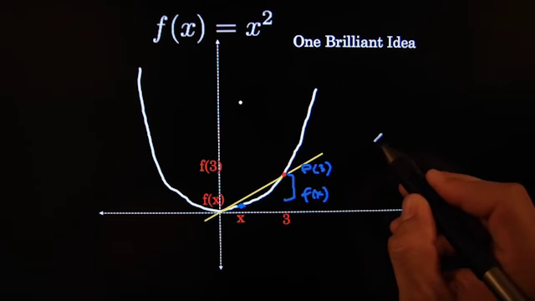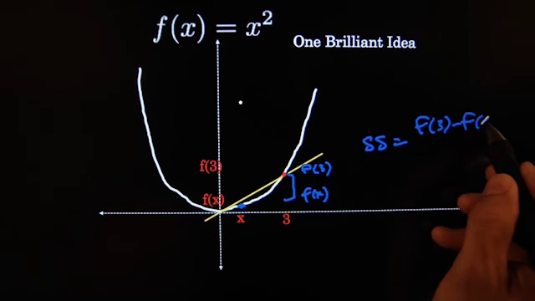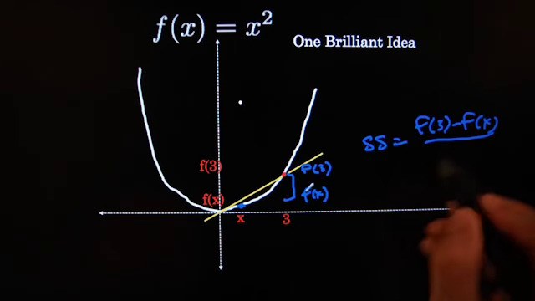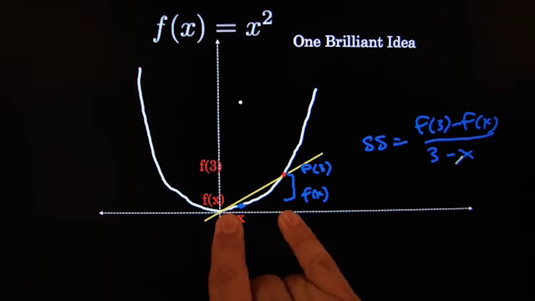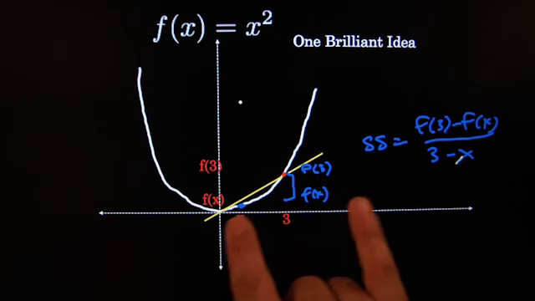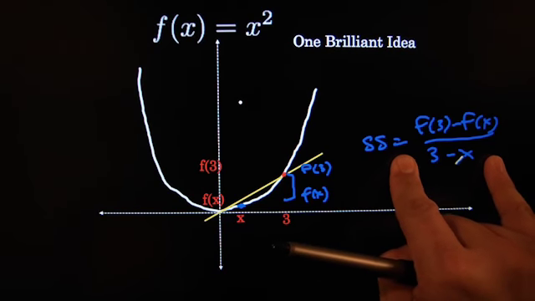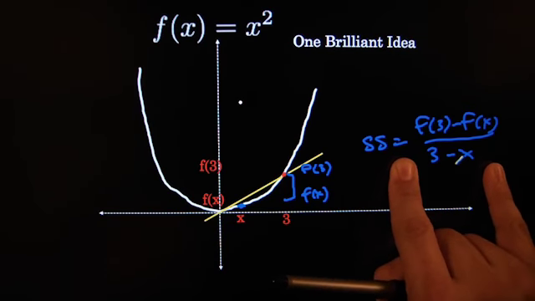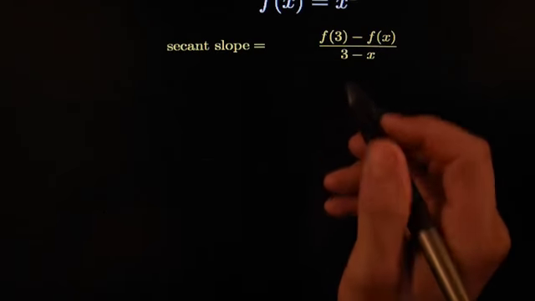So the secant slope would be f of 3 minus f of x all over 3 minus x. Based on where I place the x, it would work either way. This is a little atypical, but I'm not afraid to be atypical, as you probably already noticed. That should be good enough for a secant slope.